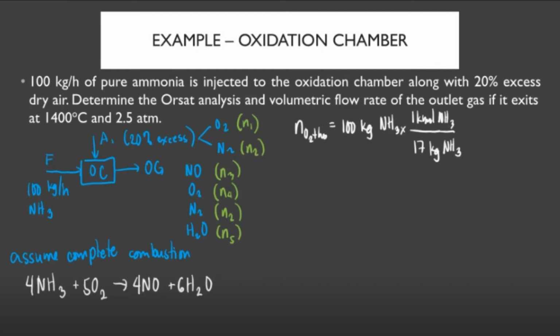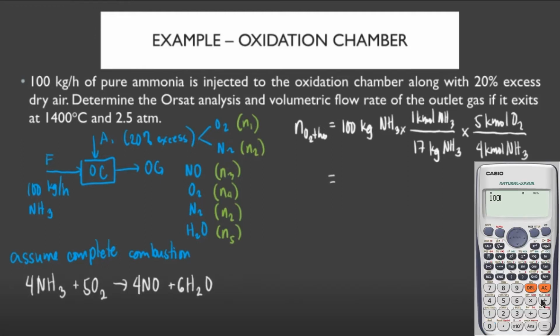Now, looking at the balanced equation, our conversion factor would be for every 4 kilomoles of ammonia, we are using 5 kilomoles of O2 or oxygen gas. Solving for NO2 theo, this is 100 divided by 17 times 5 divided by 4. Our theoretical oxygen is 7.35 kilomoles.